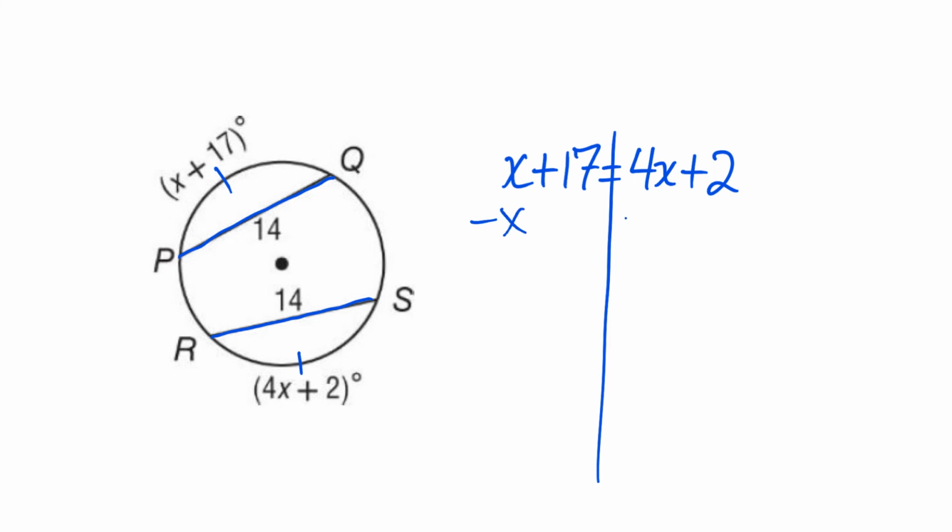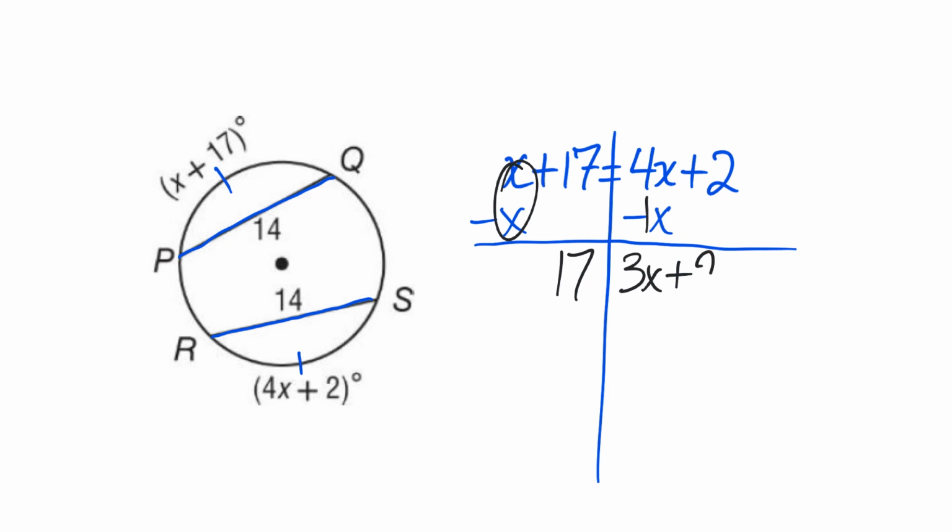So I'm going to get my x's together first, because I have an x over here and some x's over here. There's only one x here, there's 4 over there. So I'm going to subtract the smaller one. x minus x is 0. Over here, this is 3x, because this is like 4x minus 1x, plus 2.